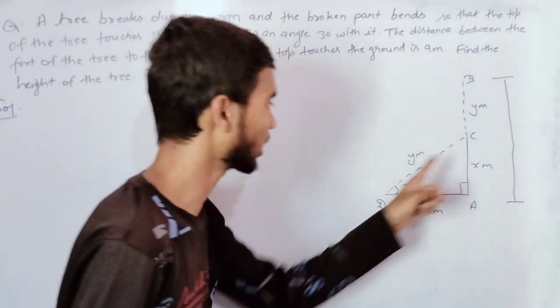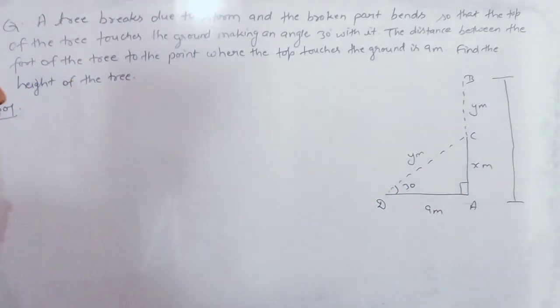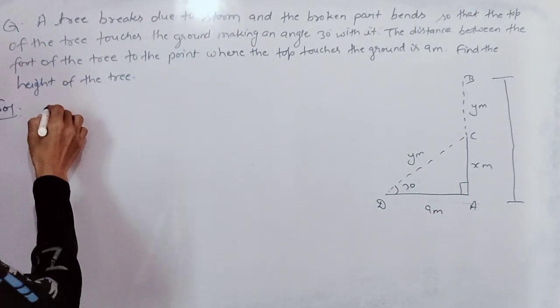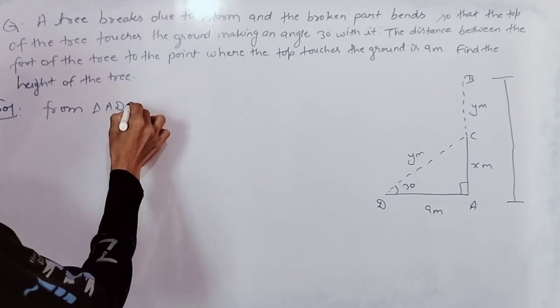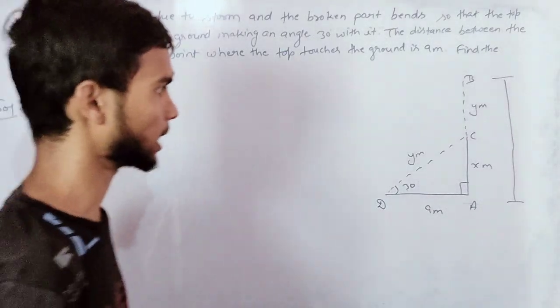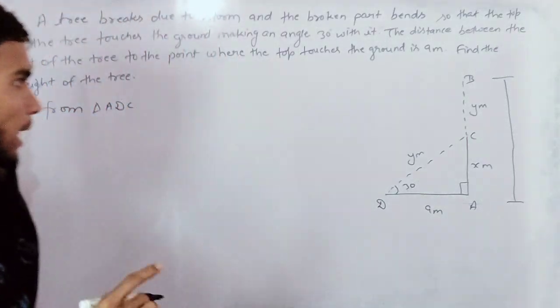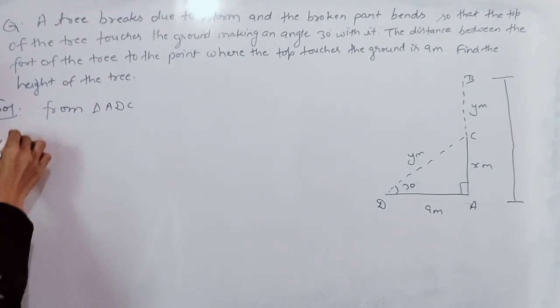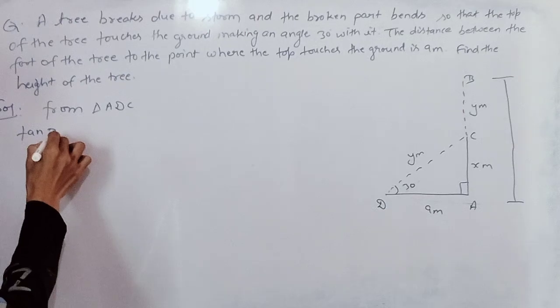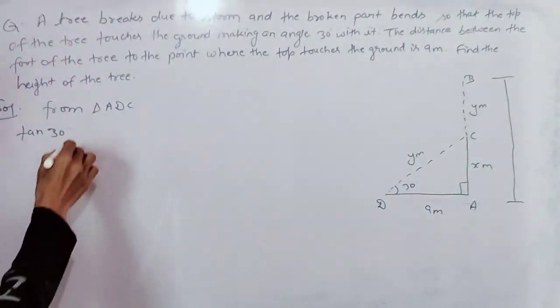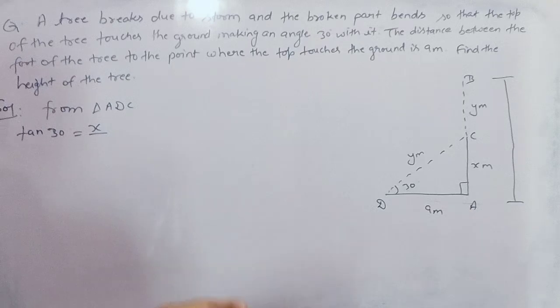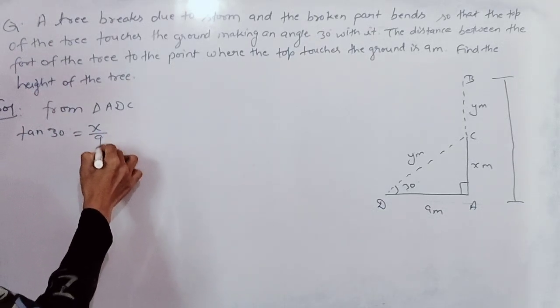Here we have a triangle ADC. From triangle ADC, tan 30 is perpendicular upon base, x upon 9.